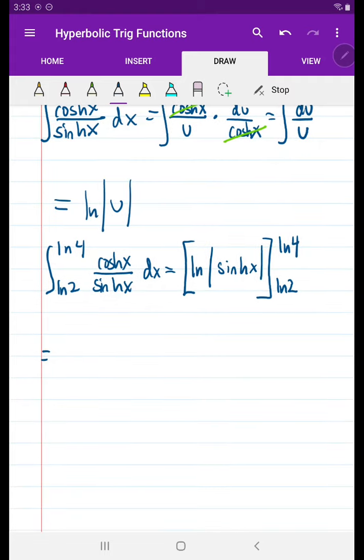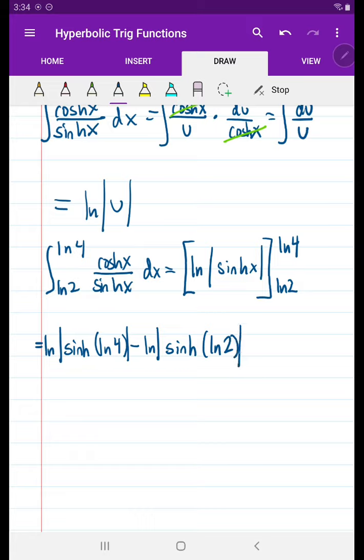So that will turn into the natural log of the absolute value of sinh of the natural log of 4 minus the natural log of the absolute value of sinh of the natural log of 2.